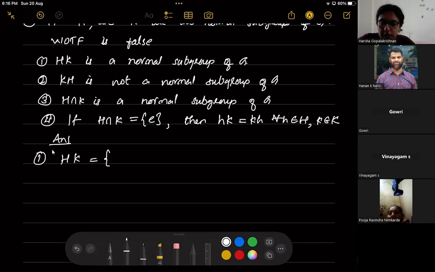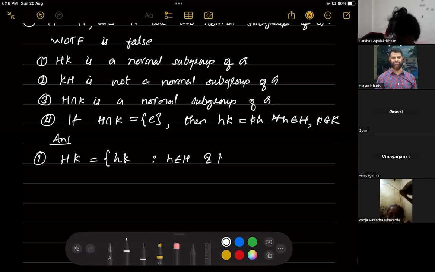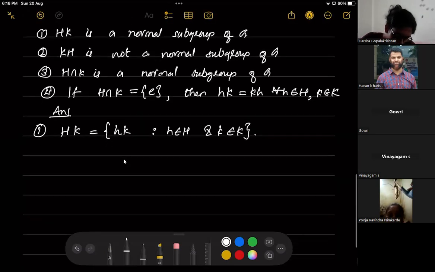Just from the notation, you can have a guess. Correct? Set of all products hk, such that h belongs to H and k belongs to K. Okay. So this is our HK.